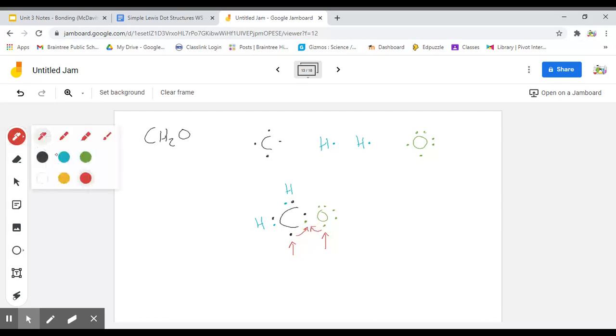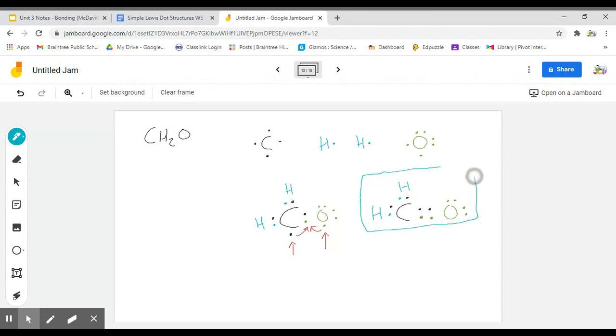After I do that, it looks like this, and we would still have our hydrogens on the outside. This is how we would draw this, because now we have this double bond here.